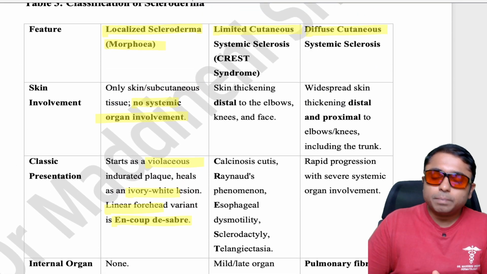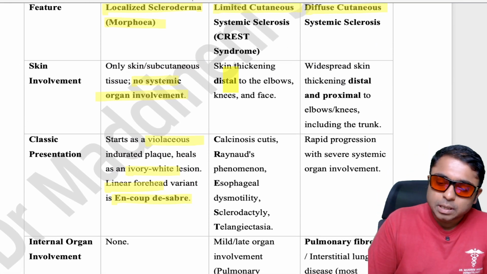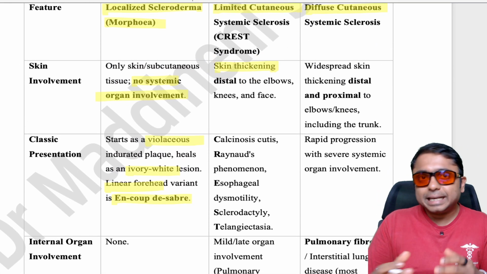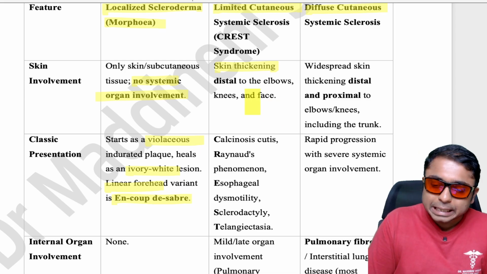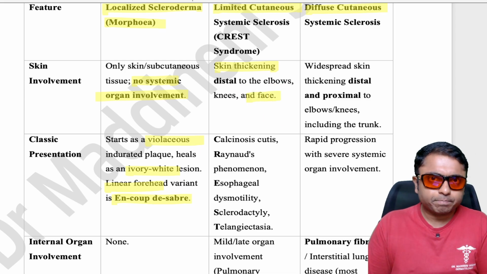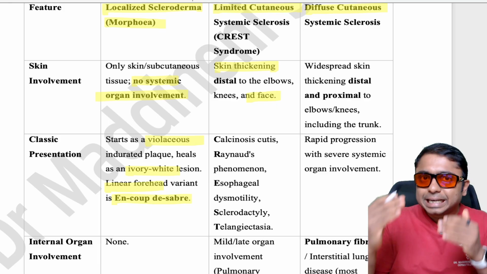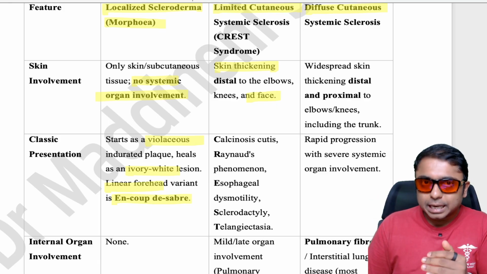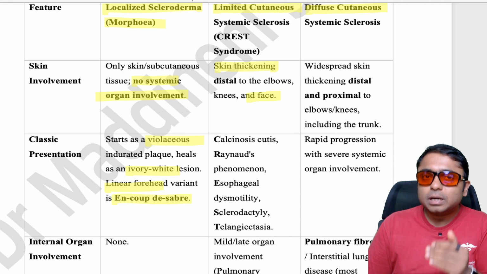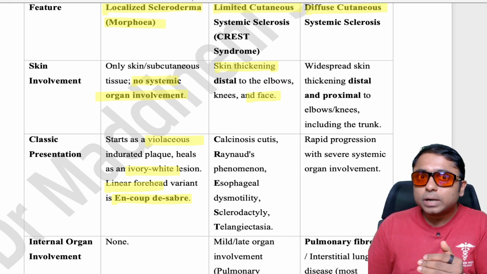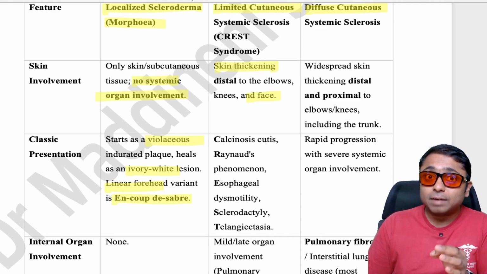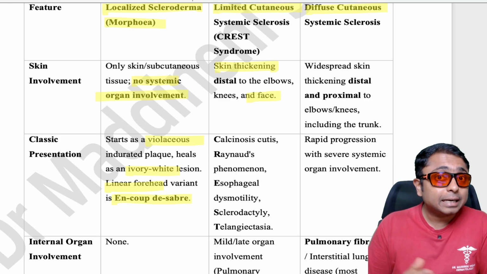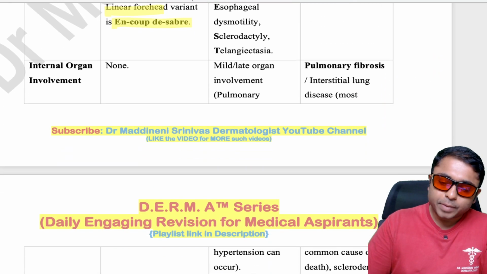Coming to limited cutaneous systemic sclerosis, skin thickening will be seen distal to the elbows and knees and affect the face. Here we can see CREST syndrome association, which stands for calcinosis cutis, Raynaud's phenomenon, esophageal dysmotility, sclerodactyly, and finally telangiectasia, that is dilated blood vessels, which can be seen in these patients.